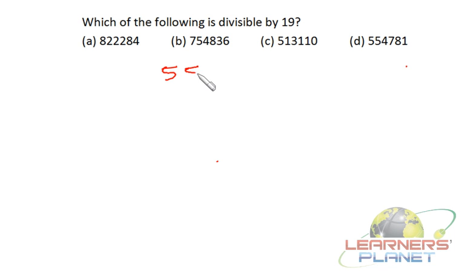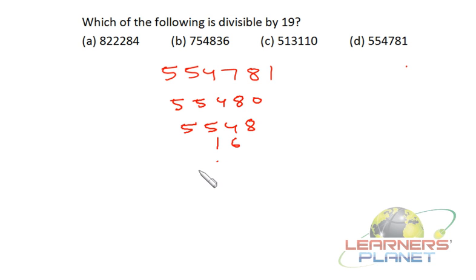It is 554781. Now 1 two is 2, and 2 plus 8 is 10, that means it is 554, 78 plus 2, that is 80. Okay, now just drop 0, continue with 5548. Now 8 twos are 16, so 54 plus 16 will be getting 570.